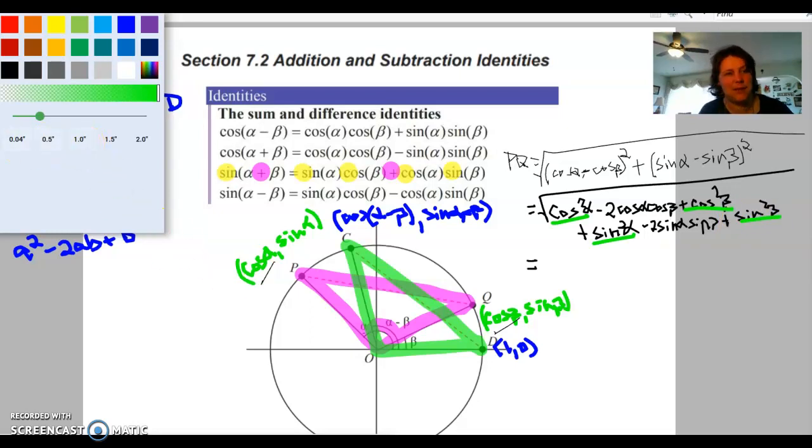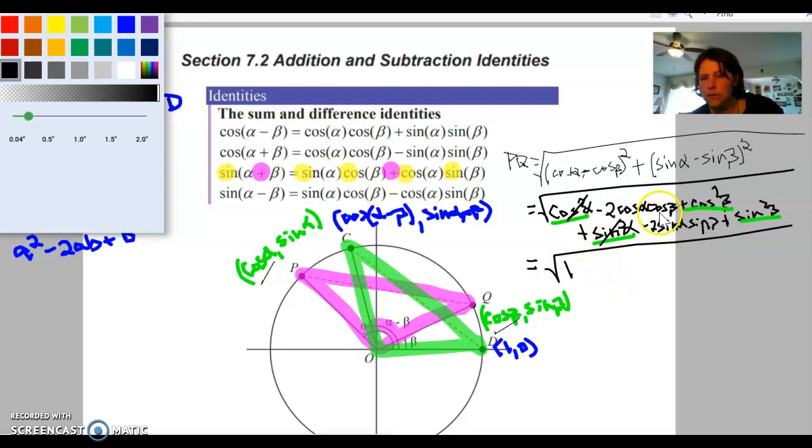That is our Pythagorean identity, which comes in very handy, as we can take cosine squared alpha plus sine squared alpha and say that that is equal to 1. Then we've got cosine squared beta plus sine squared beta, which is equal to another 1. Then what's left is minus 2 cosine alpha cosine beta minus 2 sine alpha sine beta.